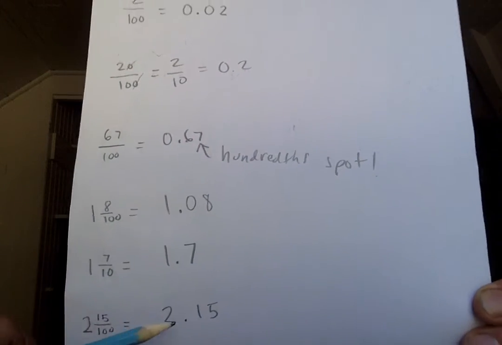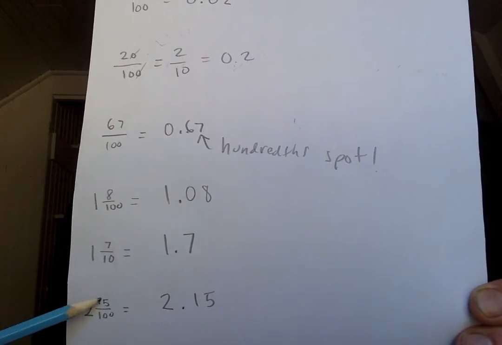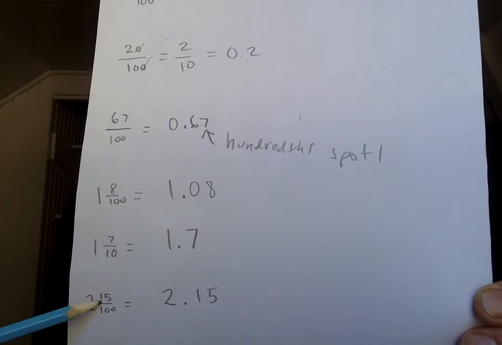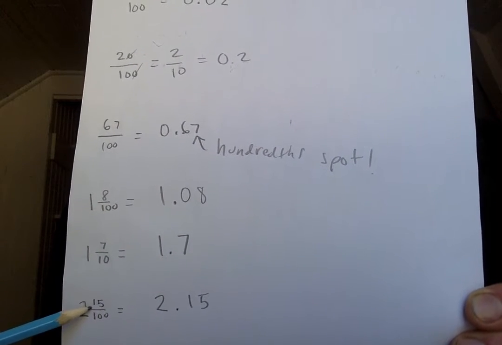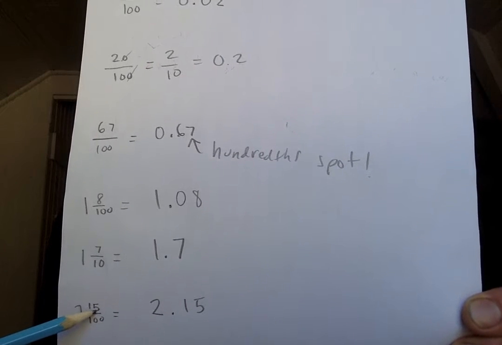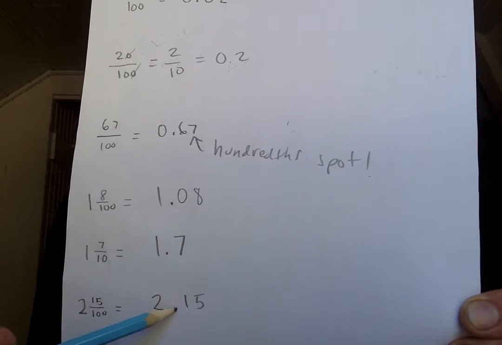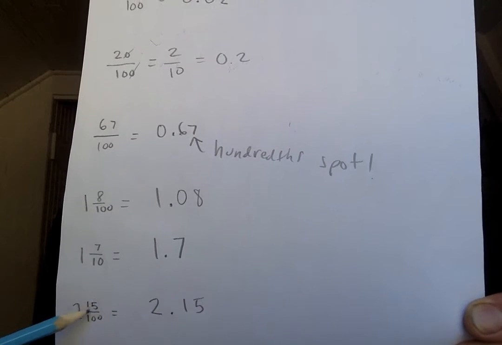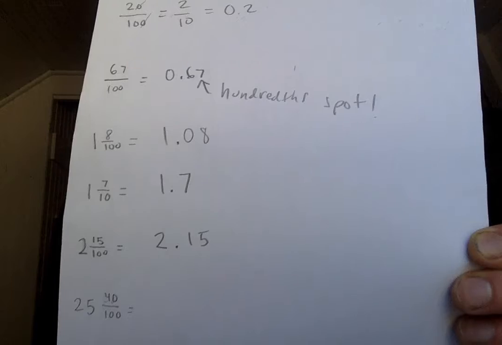So it's going to be 2 and 15 in the hundredth spot. Notice how we've got 2 digits. 1's in the tenth spot, 5's in the hundredth spot. We've got 15 hundredths.